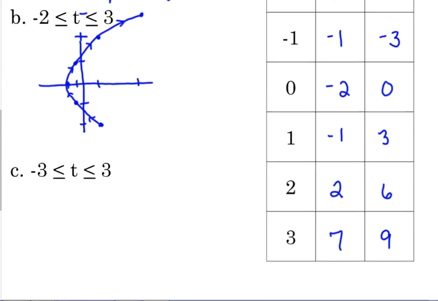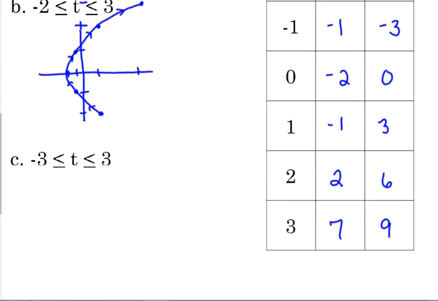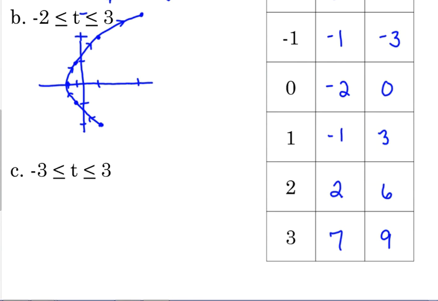And then if we change the parameter window from -3 to +3, then we're graphing the entire thing. I end up with an entire sideways parabola here. I'm not going to plot the exact points. I'm just using what I've already done. I already did the first part, and then the second part.